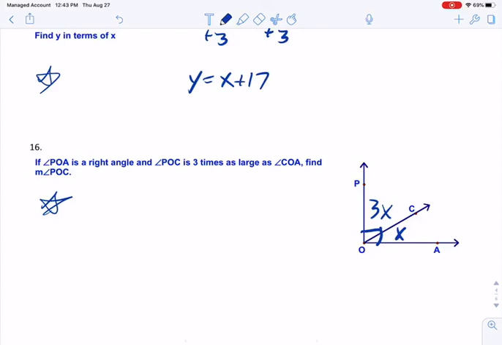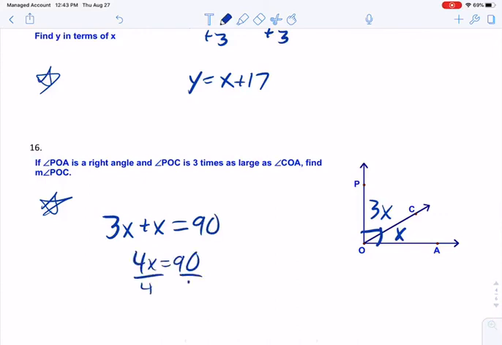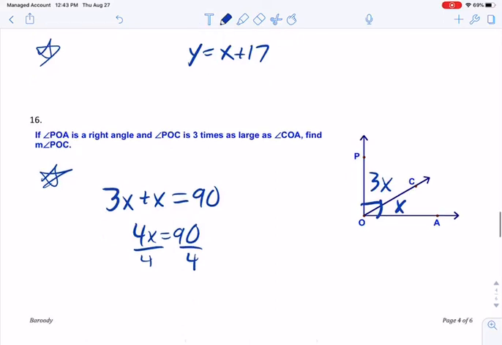So I can set up the equation 3x plus x equals 90. 4x equals 90, divided by 4, 22.5. And because I want the bigger one, I would multiply that by 3. Now I get 67.5 degrees.